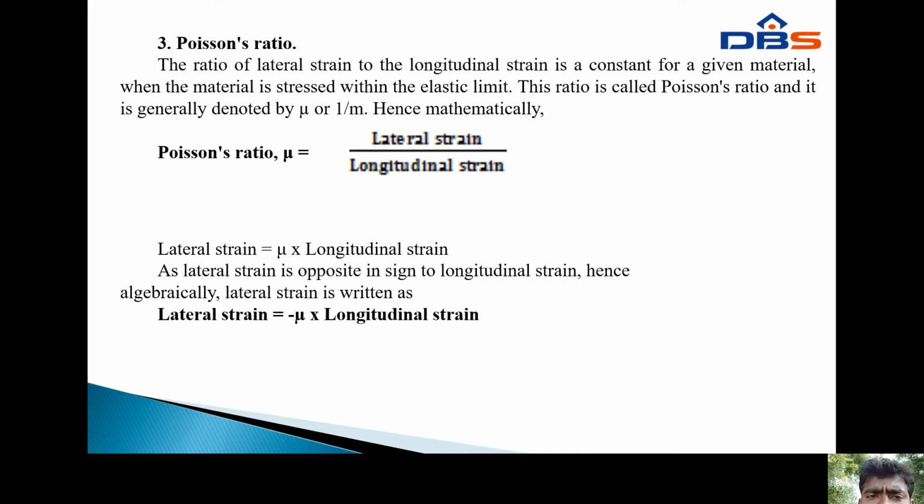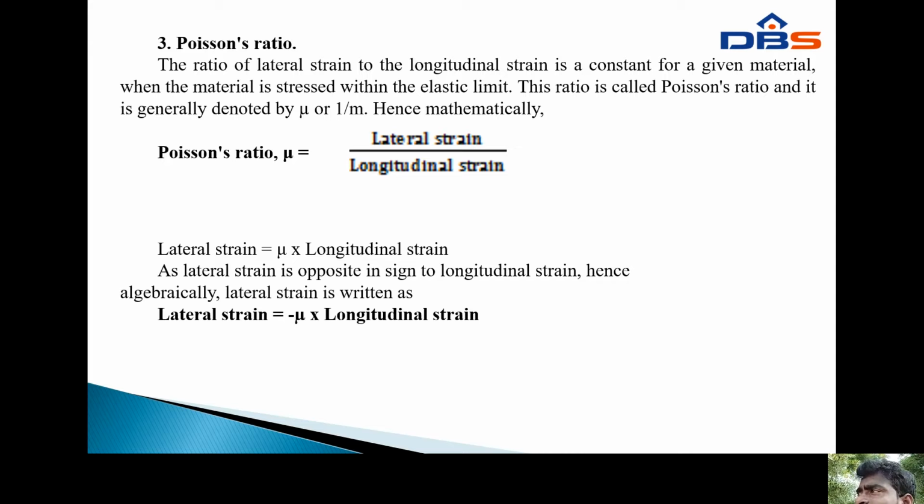Poisson's ratio: the ratio of lateral strain to the longitudinal strain is a constant for a given material when the material is stressed within the elastic limit. This ratio is called Poisson's ratio and it is generally denoted by mu or 1 by m. Hence, mathematically, Poisson's ratio mu equals lateral strain by longitudinal strain.